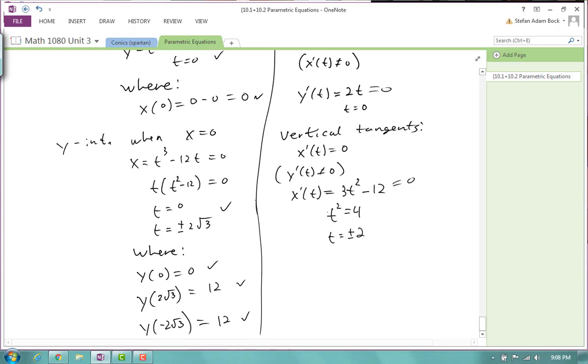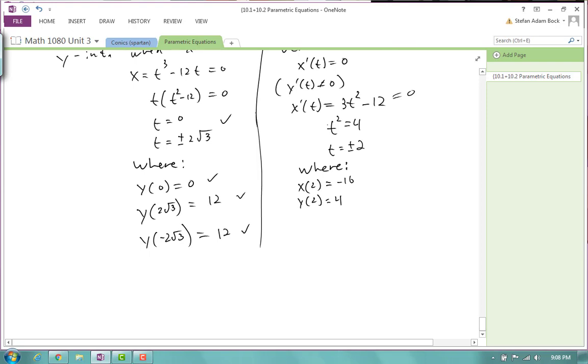So where those vertical tangents are has to be determined by plugging them back into the parametric equations. So x of 2 and y of 2 is equal to, let's see, x of 2 is 8 minus 24, and y of 2 is equal to 4.